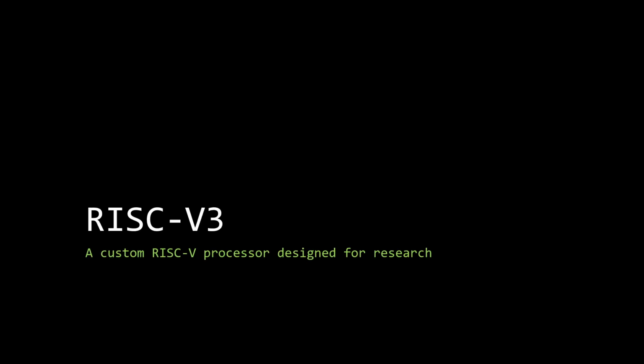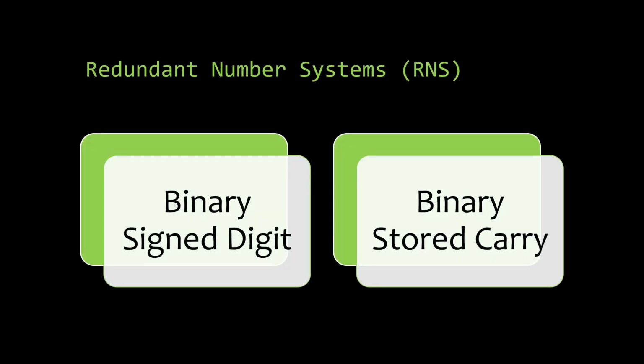So, RISC-V3, this is a processor that was designed for a research project, and it uses the RISC instruction set architecture. It uses a redundant number system for every single operation on the CPU. Usually, CPUs will just use standard binary values, where if you just do a binary to base 10 or standard numerical system conversion, it would work properly and be equal.